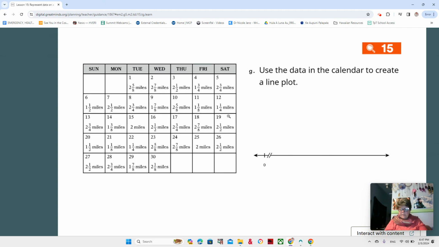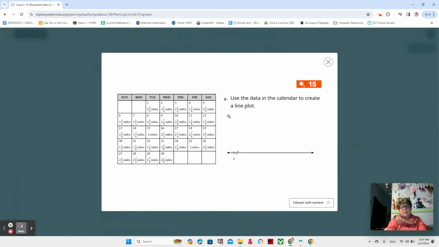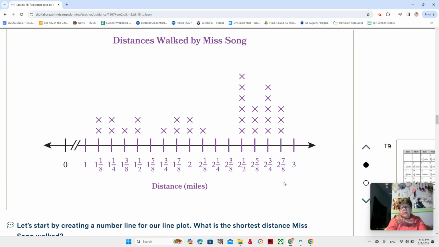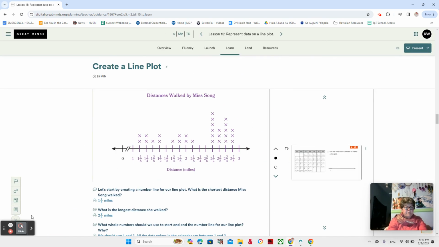J, what is the distance in miles between the longest and the shortest distances she walked? So the difference, right? And the difference is going to be a subtraction problem. The longest, 2 and 7/8 miles, and the least, 1 and 1/8 miles. So we have a subtraction problem there to find the difference.